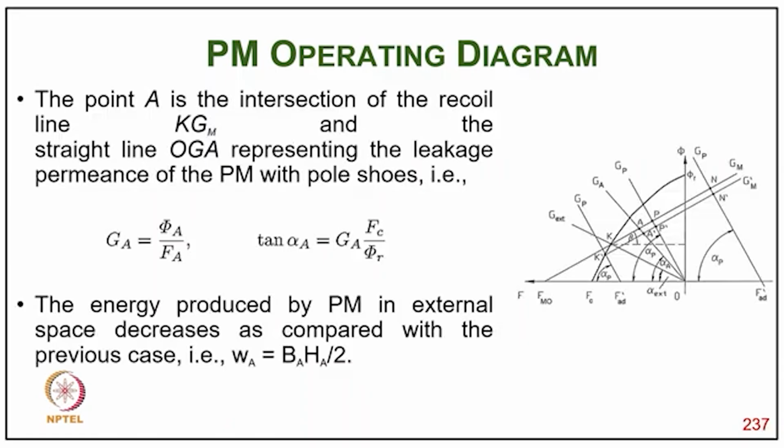So, the point A in the diagram is shown as the intersection of the recoil line K Gm and the straight line O Ga representing the leakage permeance of the PM with the pole tips. So, Ga equals phi upon Fa, and tan alpha A equals Ga Fc upon phi r. So, the energy produced by the permanent magnet in the external space decreases as compared to the previous case, W equals Ba Ha by 2.